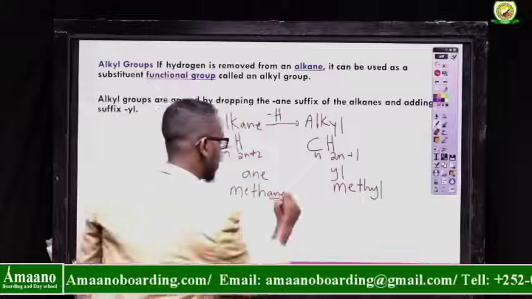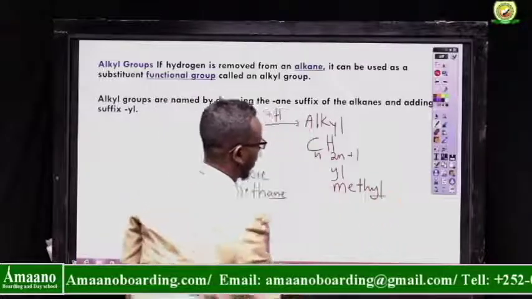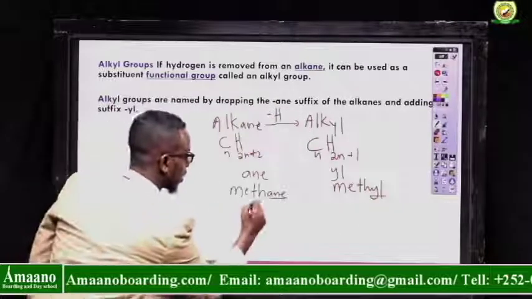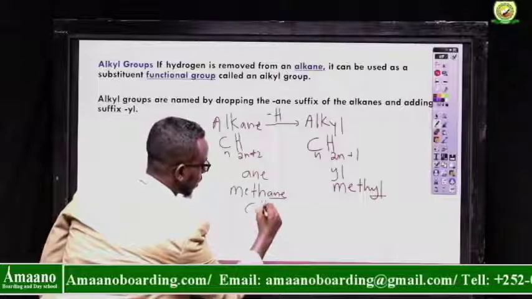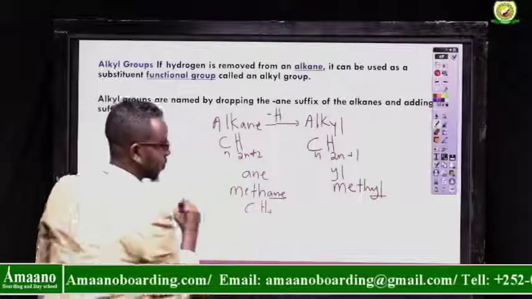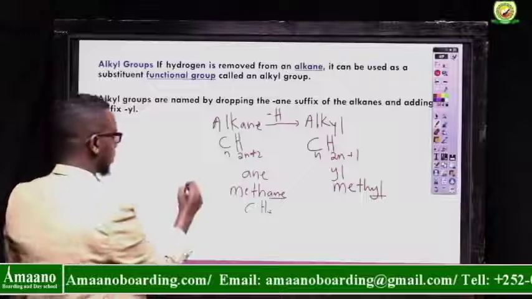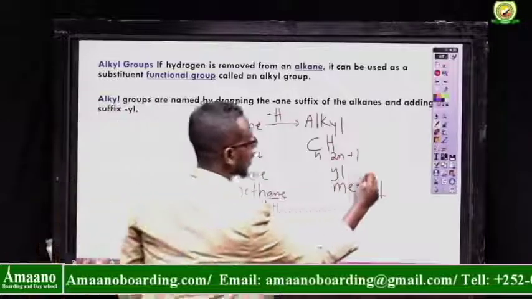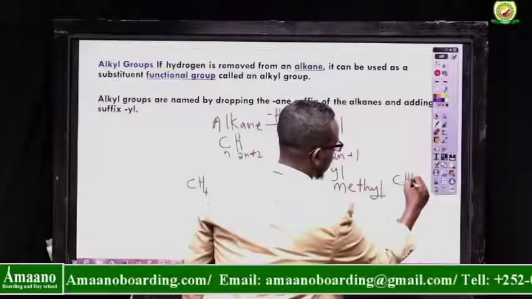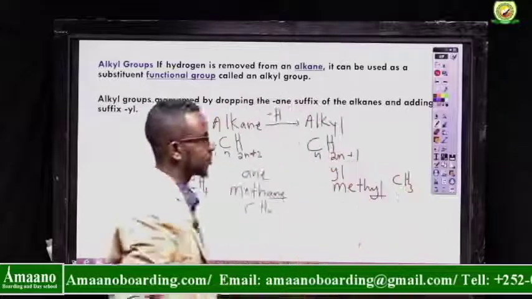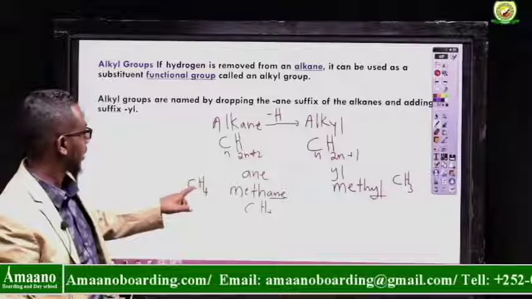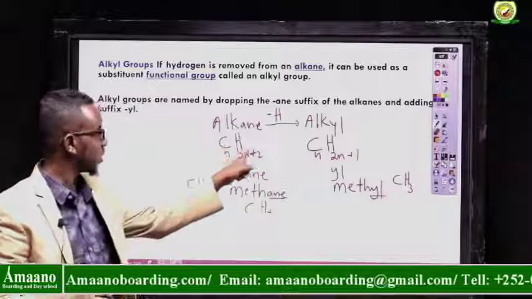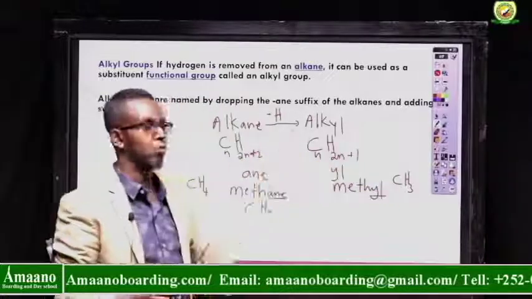You see the suffix ane, yl. What is the formula of this one? CH4. What is the formula of this one? It's supposed to be CH3, because this fits this general formula and this fits the other general formula.